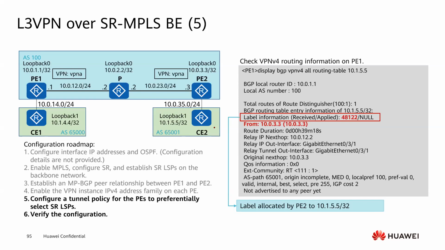This 48122 stands for the VPN, for the CE, where the CE belongs to that VPN. Okay, the concept will be the same with the MPLS BGP VPN, the private label, the same concept.